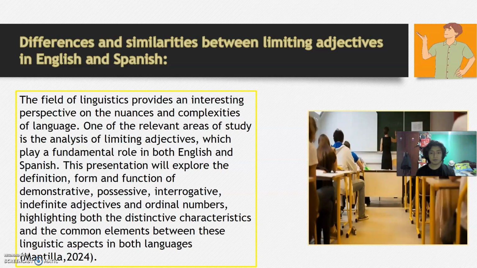This presentation will explore the definition, form, and function of demonstrative, possessive, interrogative, indefinite adjectives, and ordinal numbers, highlighting both the distinctive characteristics and the common elements between these linguistic aspects in both languages.